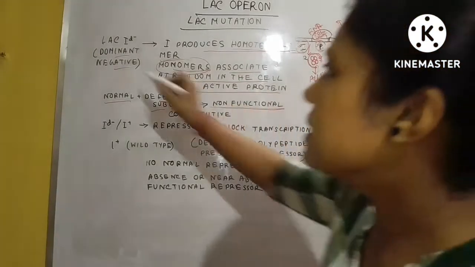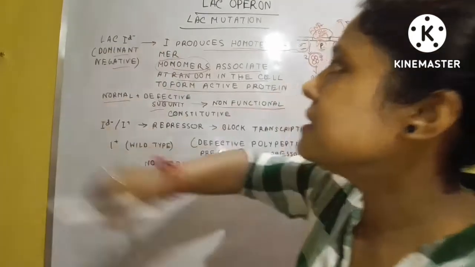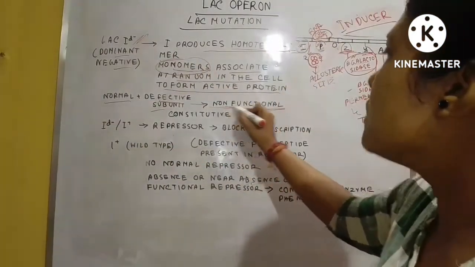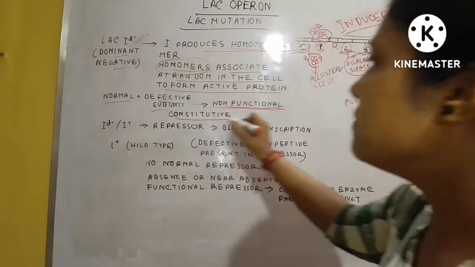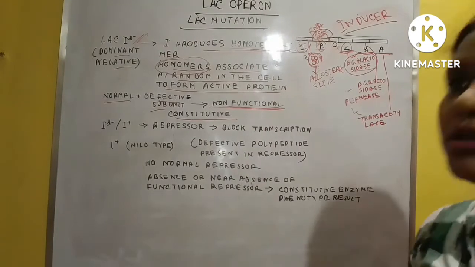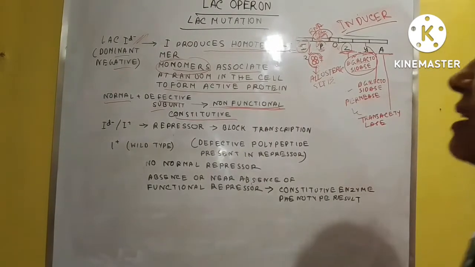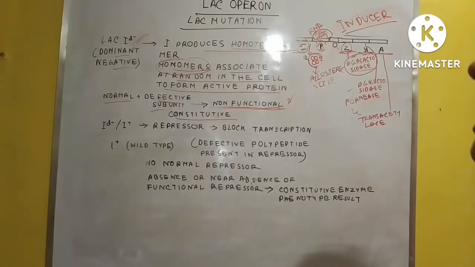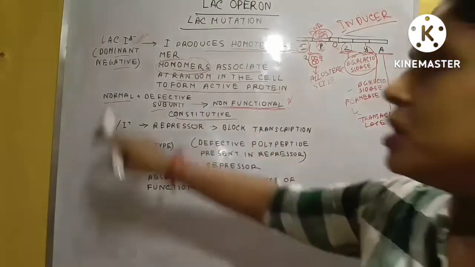Okay, in case ID minus is present, in that situation it is non-functional or constitutive, because here the repressor protein or the regulator protein is produced, but this is non-functional, not functional, because some defective subunit is also present here with the normal.